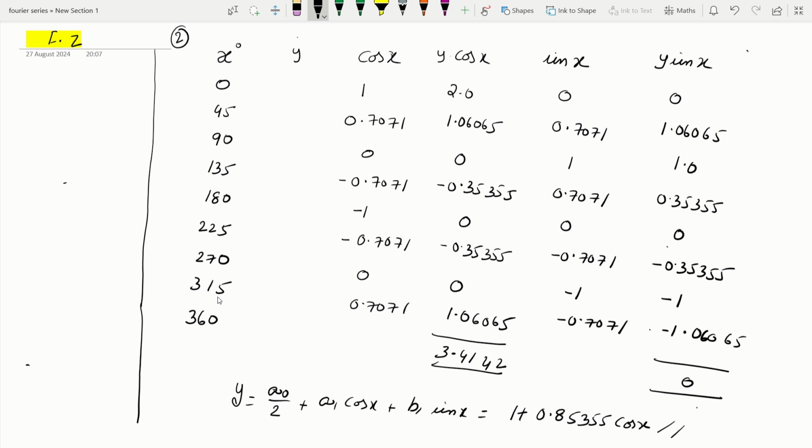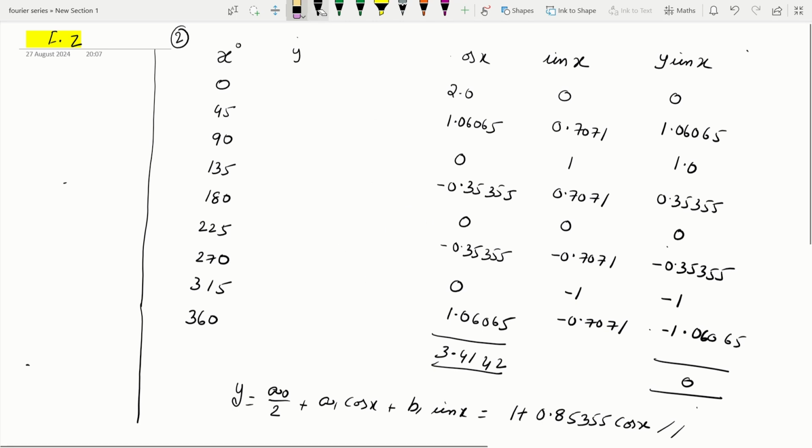Okay, I want to explain one point. That's why I am taking it like this. And y values we will note down. In front of 0, note down 3.4. And for 45, it is 4.0.